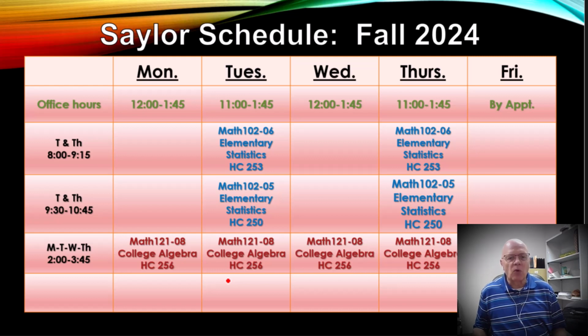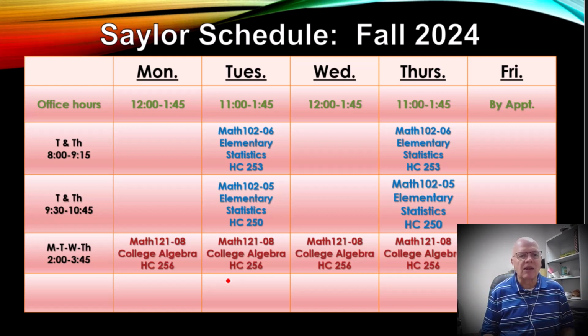When it gets about 4 o'clock, I'm ready to go for a good long walk, a fast walk. So here you go, and you can see the office hours there, pretty consistent. 12 to 1:45, Monday and Wednesday, Tuesday 11 to 1:45. Those are dictated a lot by where the class is time-wise.